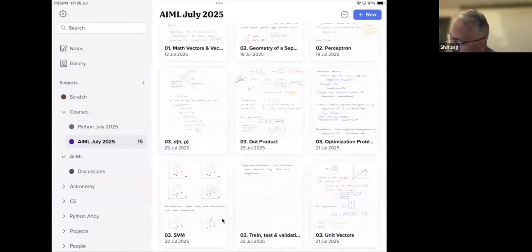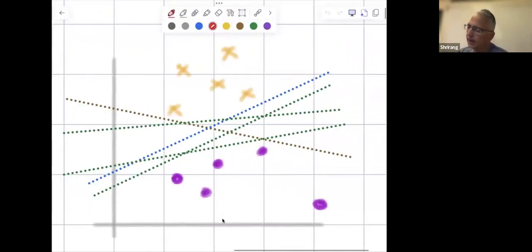In that, I have many possible separating hyperplanes. From the algorithm that we had, the algorithm could give us any one of these, because we start out with a random W and we just keep going, right?